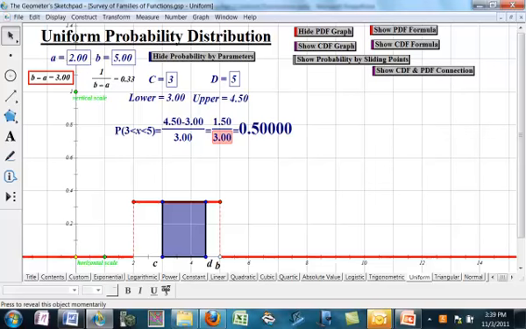So that's half of the area. The probability is 1/2 that we will get some x value between 3 and 5. So if the x's are uniformly distributed from 2 to 5, and I pick one at random, the probability that it will be something chosen that is between 3 and 4.5 is 50%.